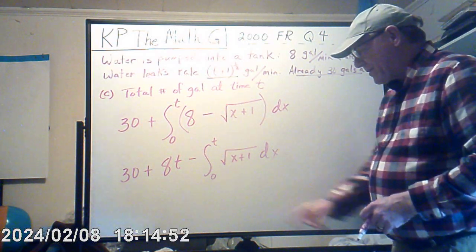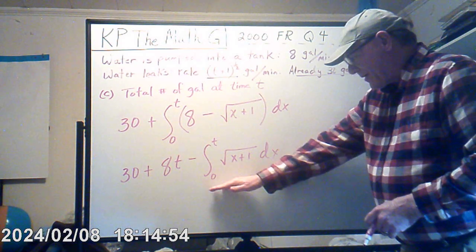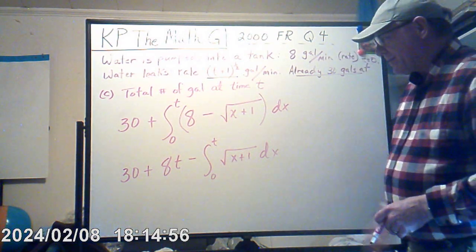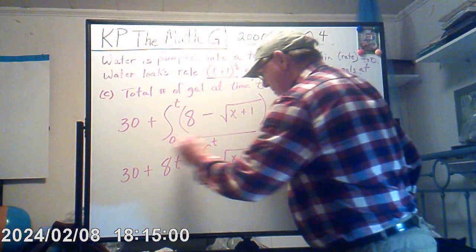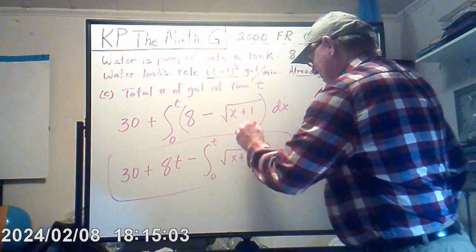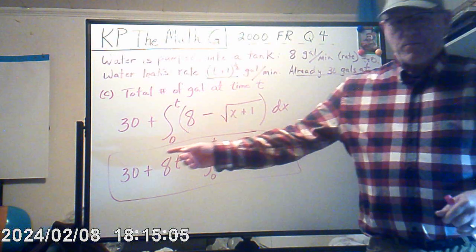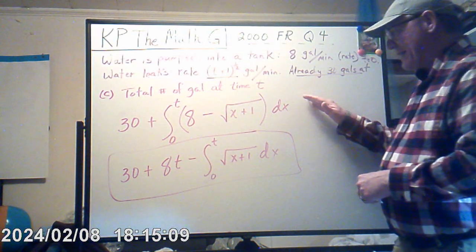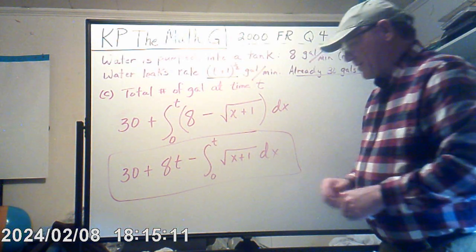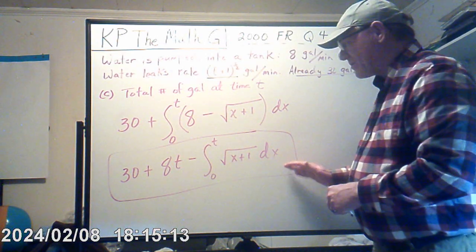So there's that part right there. And then just do this again here. All right, so that's it. That is it right here. I don't know what they say about boxing in answers either. I'm not so sure about that, but anyway, I did box it in. That's the general right here.